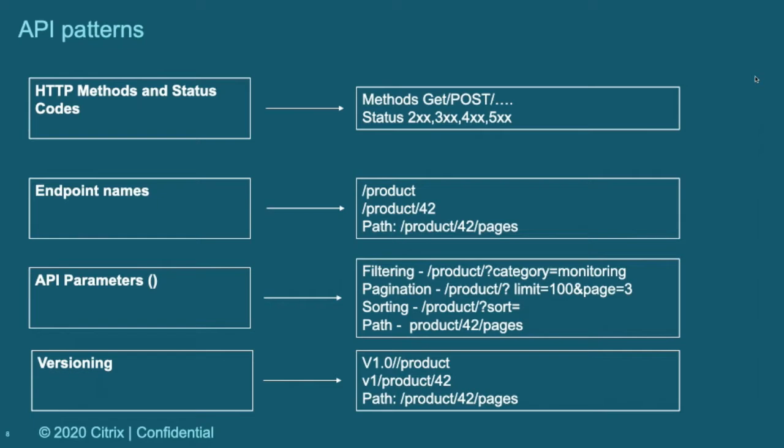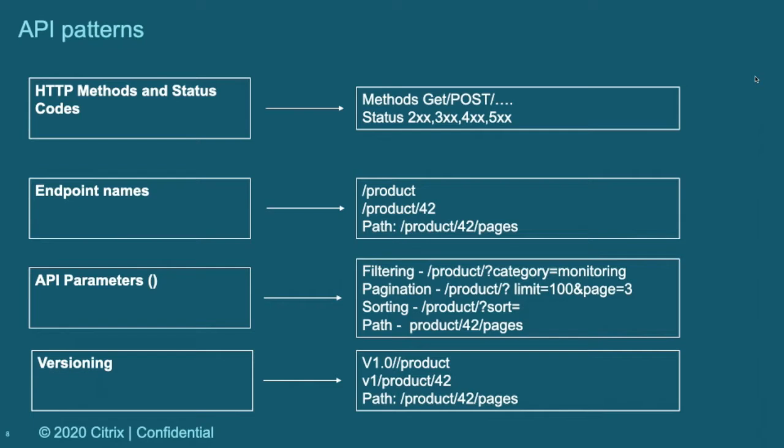There are different ways you can pass parameters into an API. It could be a path param, or it could be a URL param, and these parameters are used to control the behavior of an API as well. For example, sort orders and pagination, etc., are also done using parameters.